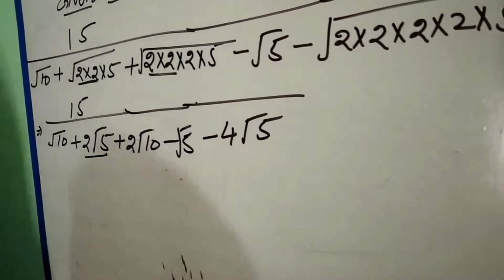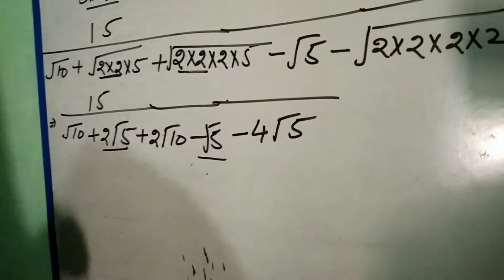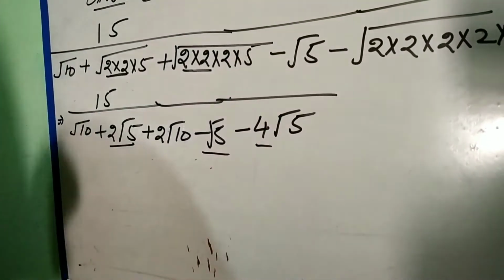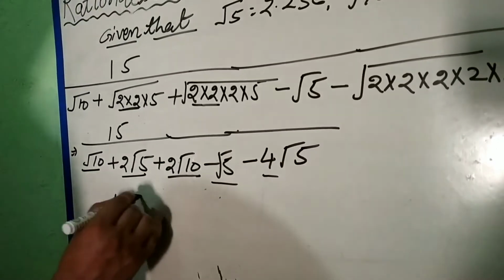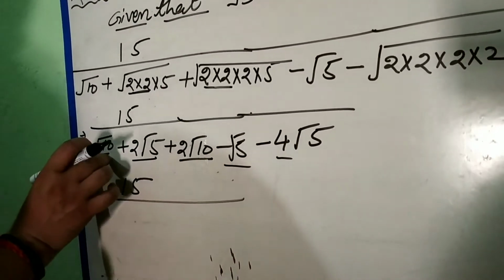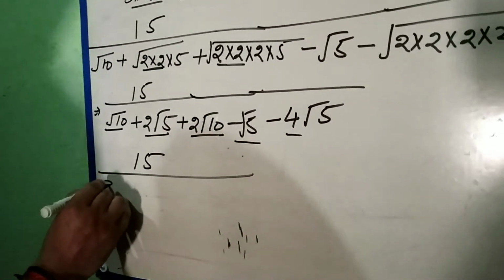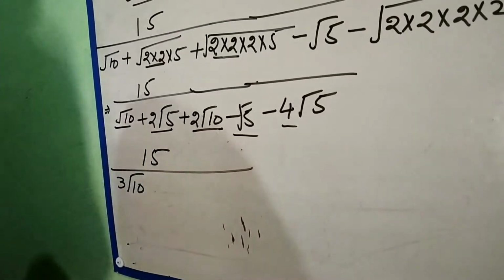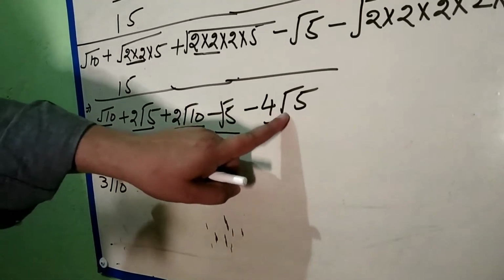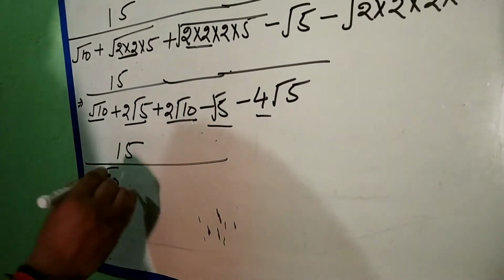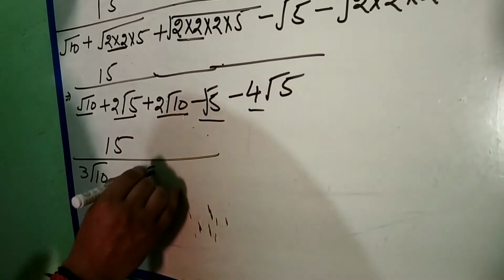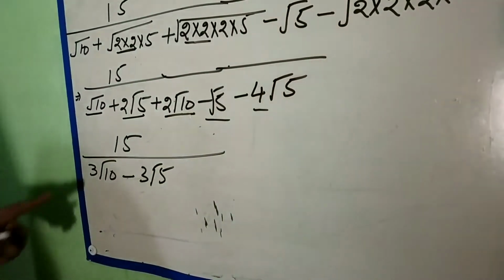Now you see here 2 root 5 and minus root 5 and minus 4 root 5, and here root 10 plus 2 root 10, that is 3 root 10, and minus 4 root 5 minus root 5 plus 2 root 5 can be written as minus 3 root 5.